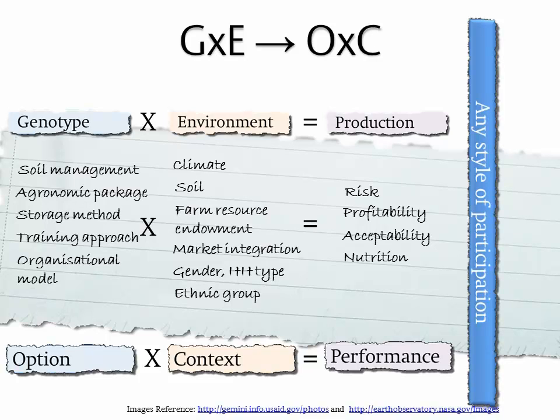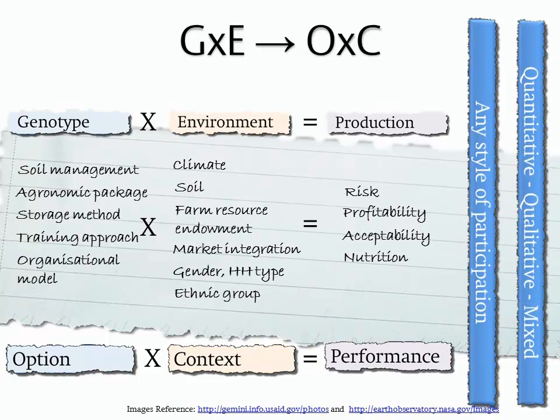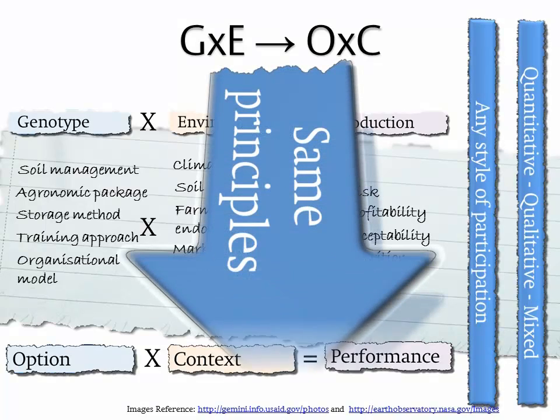And likewise, it is relevant whether you are thinking about quantitative methods or qualitative methods or mixed methods. And the reason it's relevant is because there are common principles that underlie how we should do research to discover and understand option by context interaction.